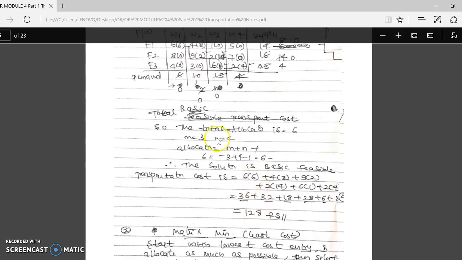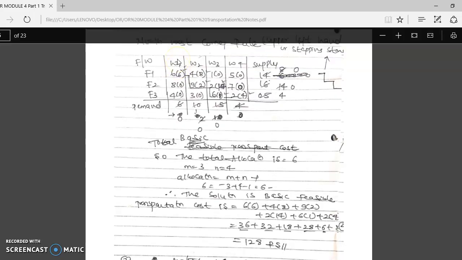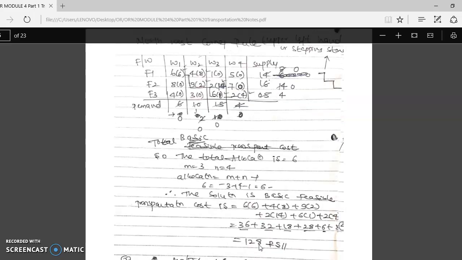Then multiply all the values. 6 into 6 plus 4 into 8 plus 9 into 2 plus 2 into 14 plus 6 into 1 plus 2 into 4. So after adding all this, we get the answer 128. So this is the first solution by using northwest corner method, or upper left hand corner, or you can say stepping stone.